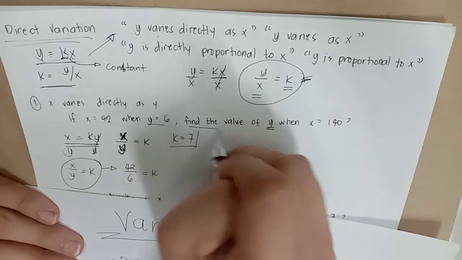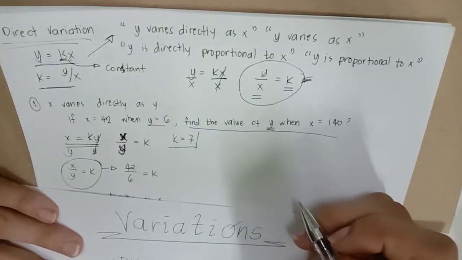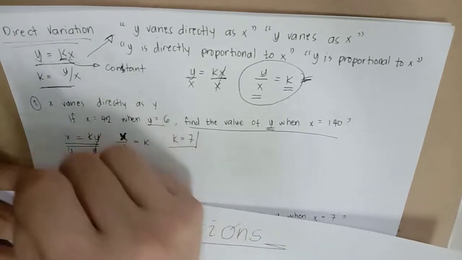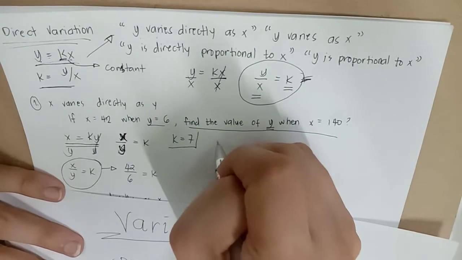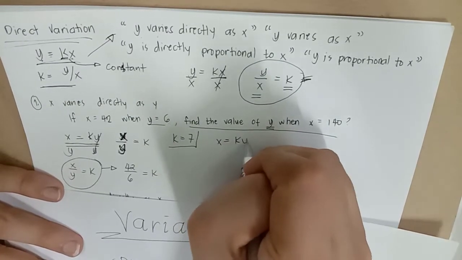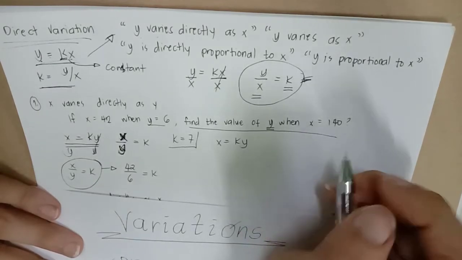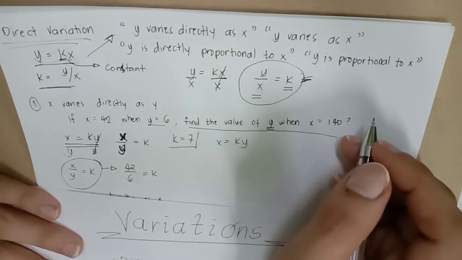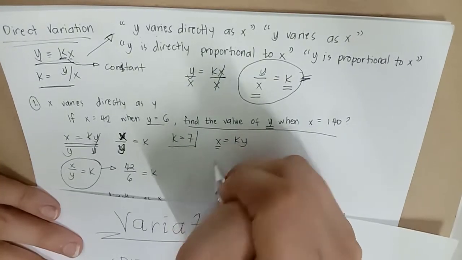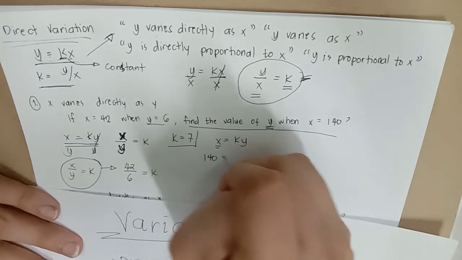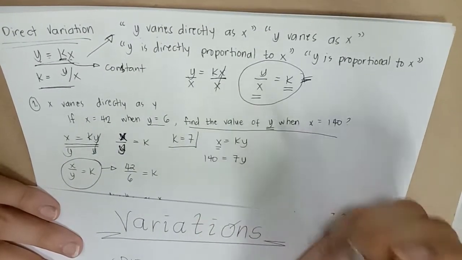Next, find the value of y when x is 140. Using this equation, we have x equals ky. All we need to do is substitute the given numbers. Our x is 140, equals k, which is 7, then copy y.